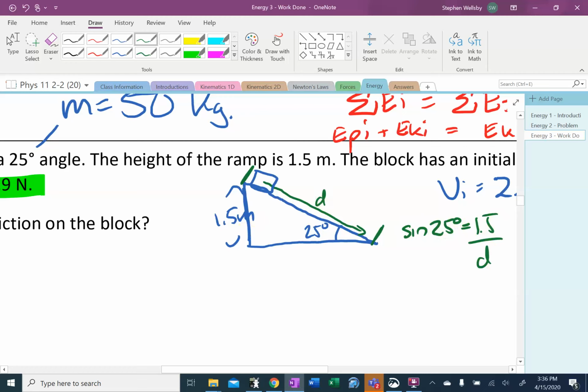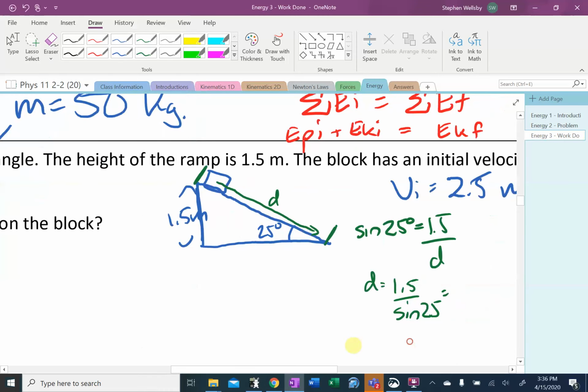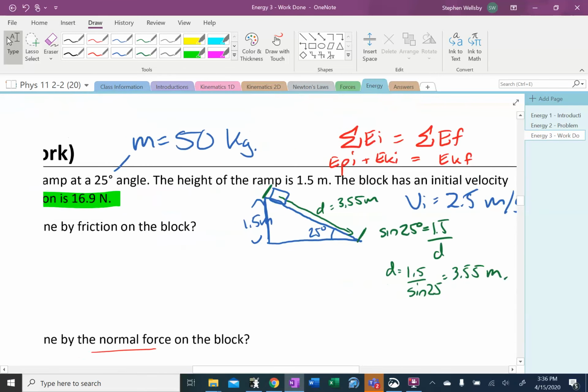The distance is going to be 1.5 divided by sine 25, which gives us 3.55 meters. So that's this displacement here, 3.55 meters. That's how far it's going to go down the ramp.